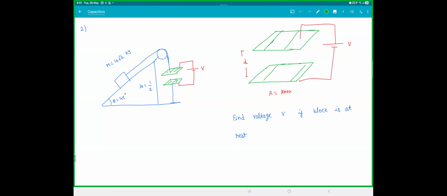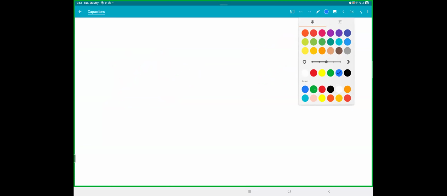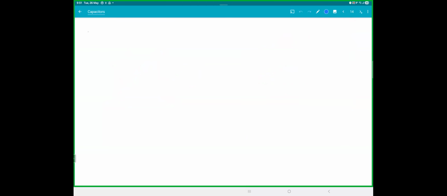Okay, let's see. So let's say if you apply a maximum voltage, what would happen? The block will try to go up.